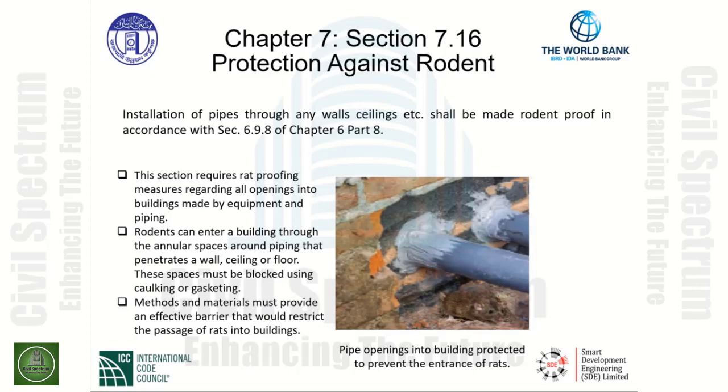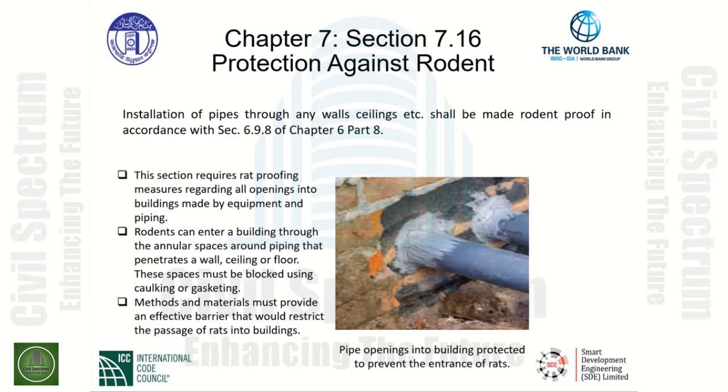Special care for rat proofing is addressed here, specifically requiring that we seal pipes and openings around equipment for the prevention of entrance of rats into the building. Rodents can enter a building through annular spaces around piping that penetrates a wall, ceiling, or floor.